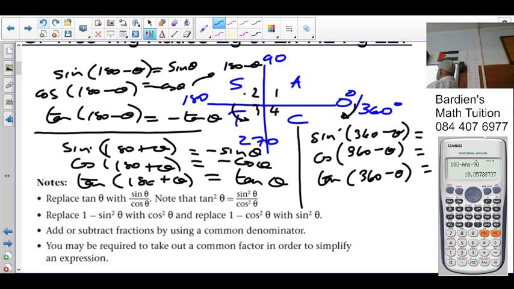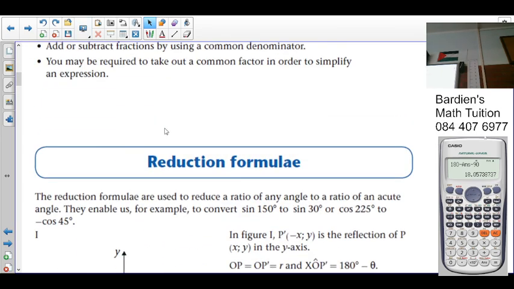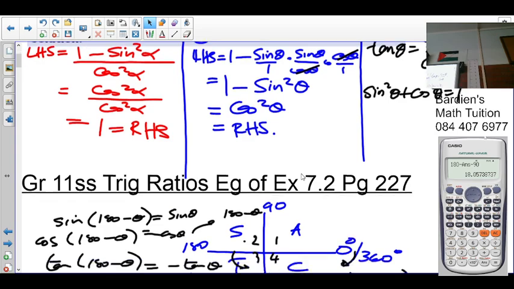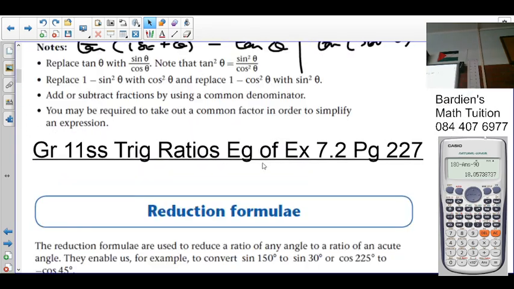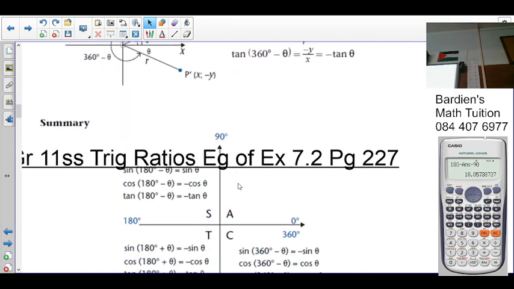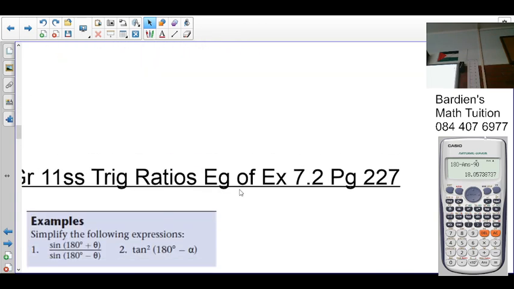Sine in the fourth quadrant is negative, so it's negative sine theta. Cos in the fourth quadrant is positive, so it's cos theta. And tan is negative, so it's negative tan theta. With that we discussed the reduction formula and made a summary.